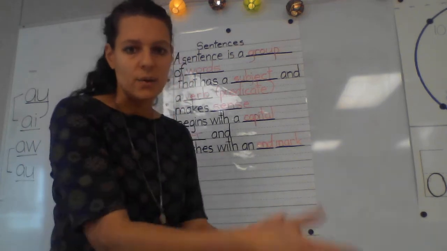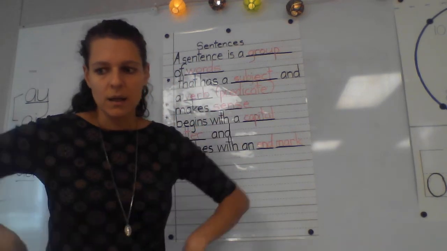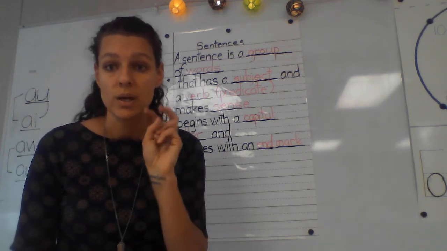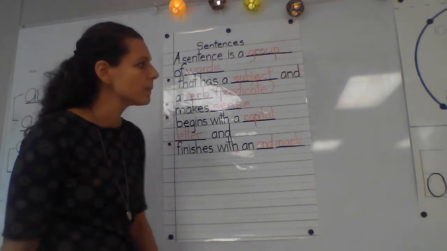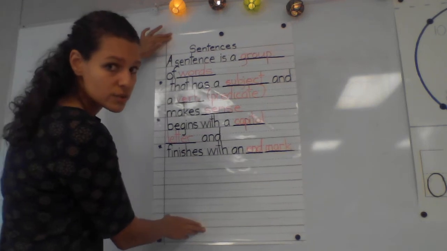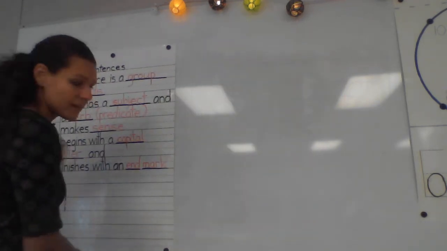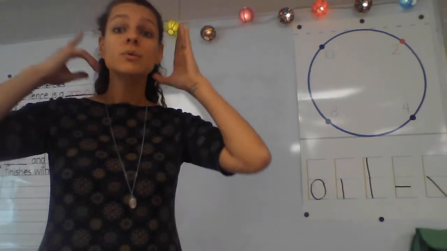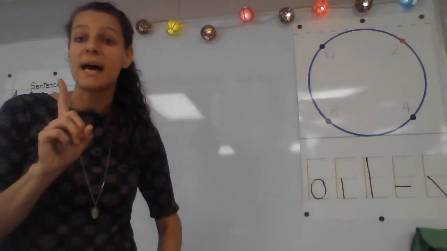All right, so that being said, I hope you are ready for your first sentence. We are going to do 2 sentences today. I know we started with just one 3-word sentence, and then we did a 4-word sentence, and now we're going to do 2 sentences, but just one at a time.